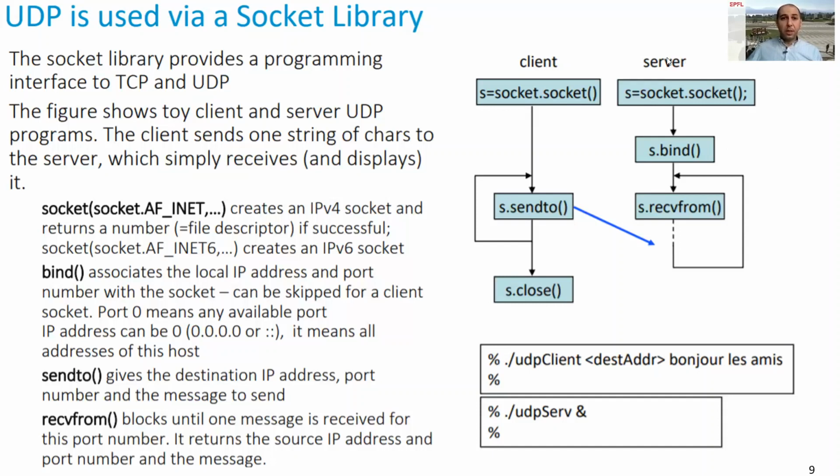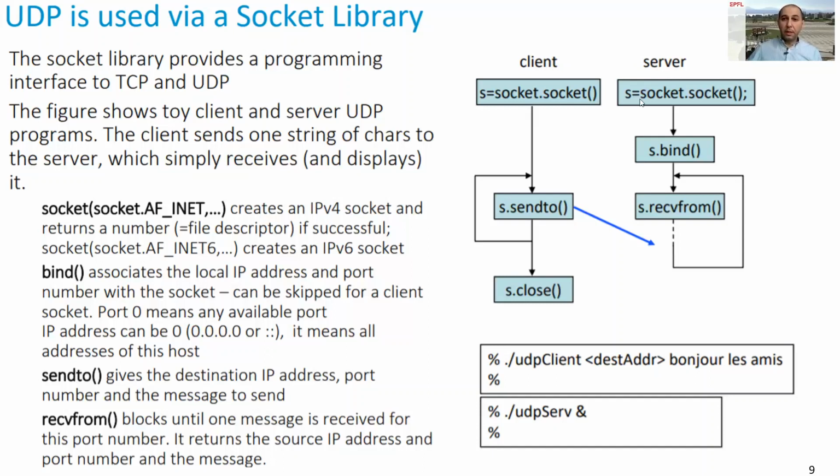First of all, here we call it the socket interface. It is a socket library that is available with many languages like Python, Java, and C++, and all these libraries have the same behavior and almost the same syntax. Why? Because they interface with the lower-level socket library of the operating system.